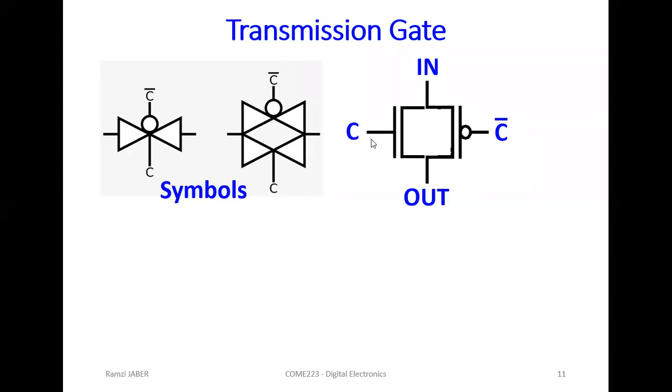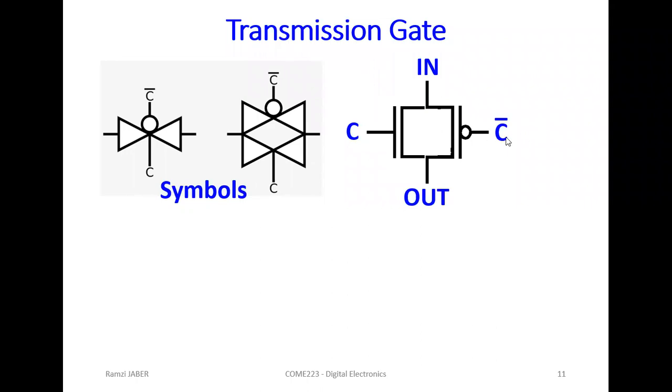We want the control signal to turn the transmission gate on or off. So we put C bar, because we have a P channel and an N channel. Two transistors must be turned off together or turned on together.